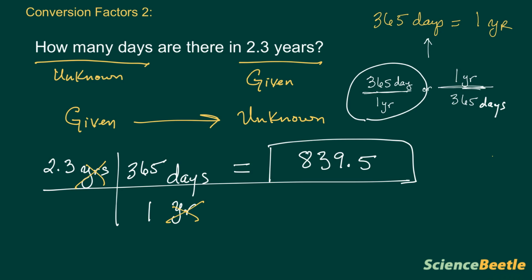And so what we want to do is we want to go ahead and report our answer of 839.5 to two significant figures, which means the line is going to be right here at the 83. So I look at the 9, which is in the third position. It is greater than 5, so that means this 3 is actually going to be bumped up to an 84. Okay? And so that means that 9 then becomes a 0.